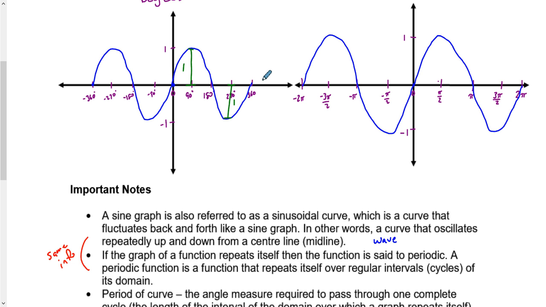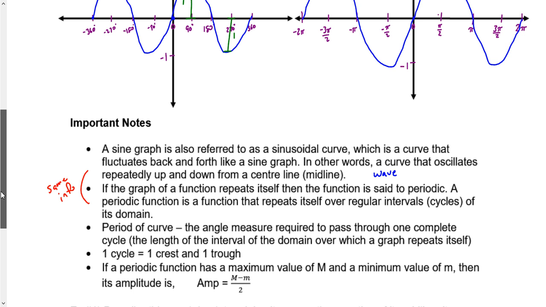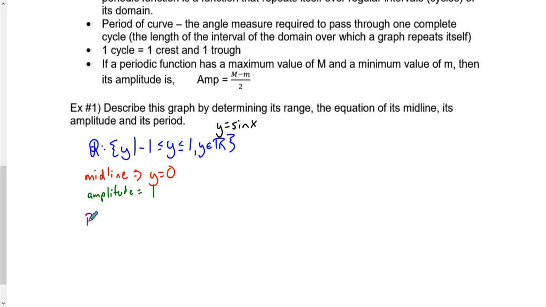In this case, it's 360 degrees or 2 pi. The standard one that we'll be using a lot is this 2 pi. It has quite a few applications, and we'll deal with that when we get into a word problem.